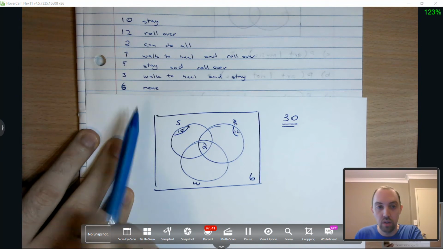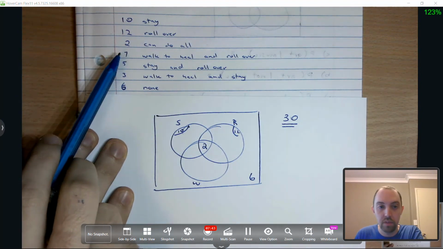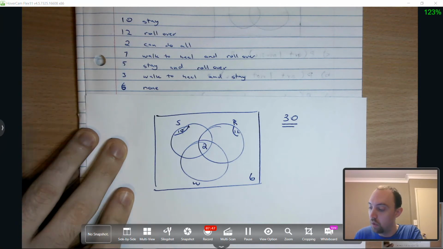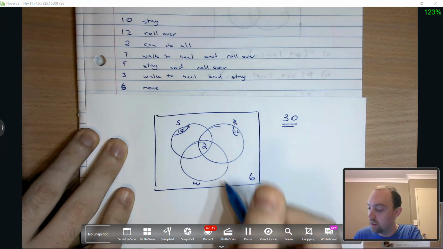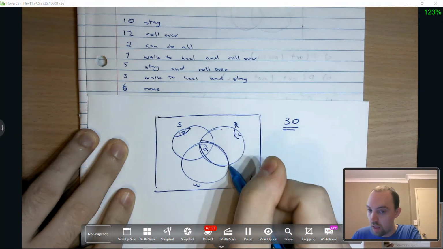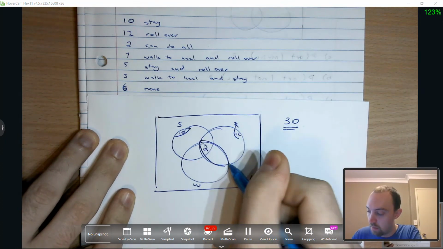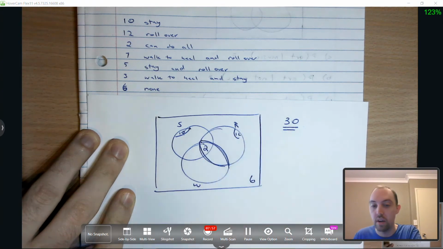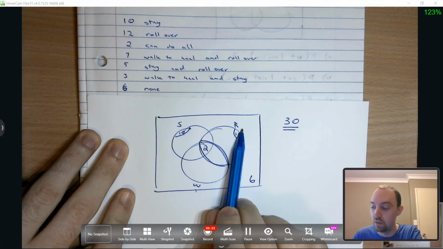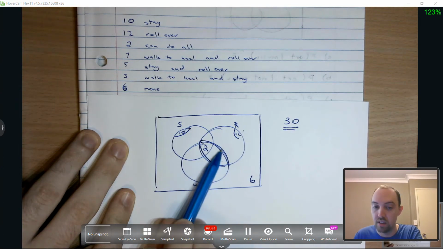So, let's take a look at this next bit of information. 7 can walk to heel and roll over. So walk to heel and roll over is this part of my Venn diagram here. That's where walk to heel and roll over cross over. I know 7 is in that section altogether.